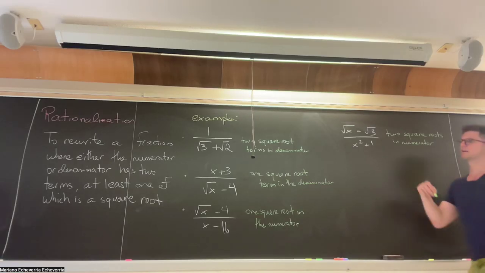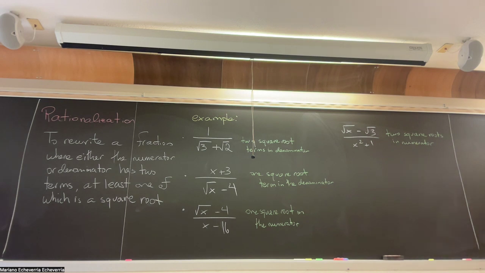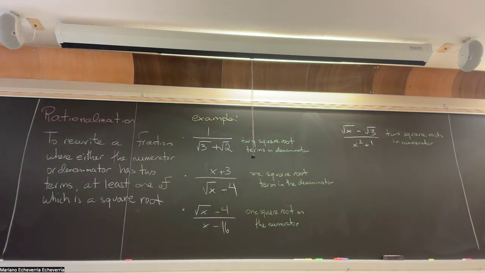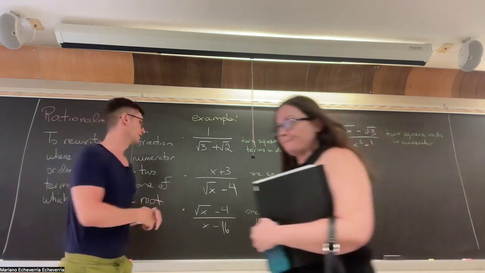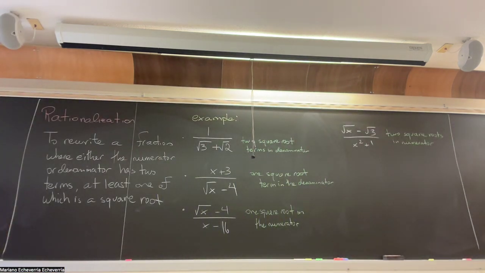So the idea is that it is a fraction, and at least the numerator or the denominator has two terms, one of those terms being a square root. You can have situations where there are two square roots, but at a minimum there must be at least one square root in one of the expressions. Again, there's nothing wrong with any of these.